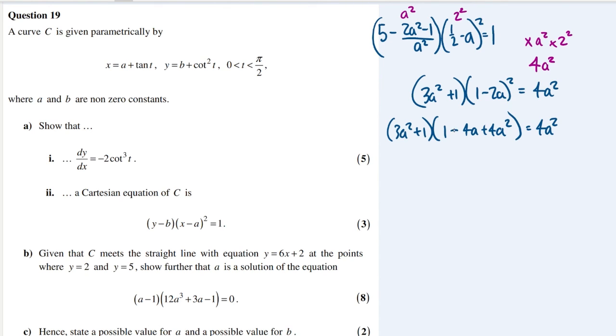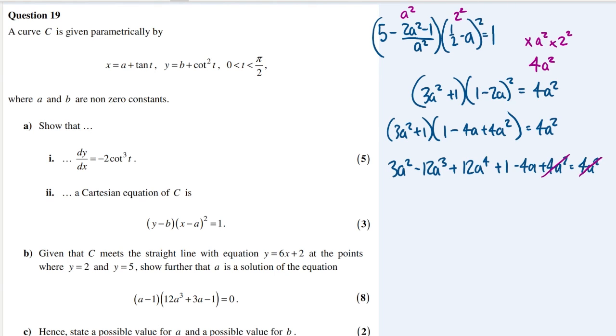And then multiplying everything by 3a squared is going to give me 3a squared minus 12a cubed plus 12a to the 4. Multiplying everything by 1 is going to give me plus 1 minus 4a plus 4a squared is equal to 4a squared.